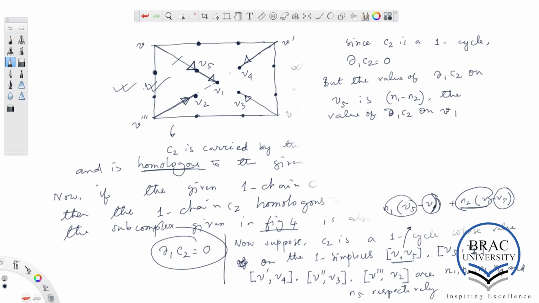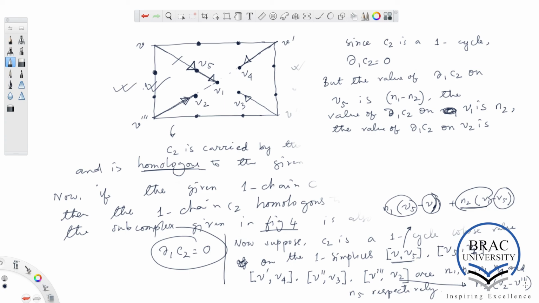The value of del 1 c2 on v1 is just n2. The value of del 1 c2 on v2 is, so from this we get n5 times v2 minus v triple prime.